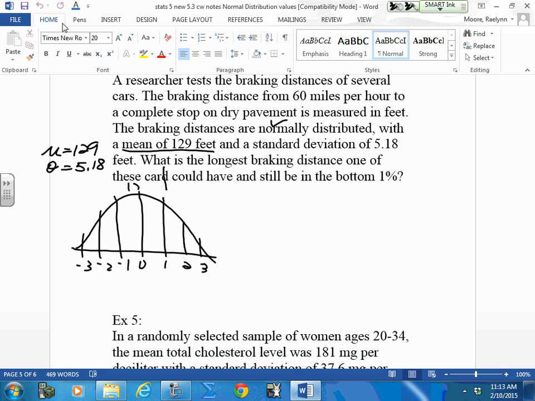Put your mean here and add your standard deviations all the way up. Make sure you're making this with me. I want everybody to understand this. Okay, everybody's finding this?